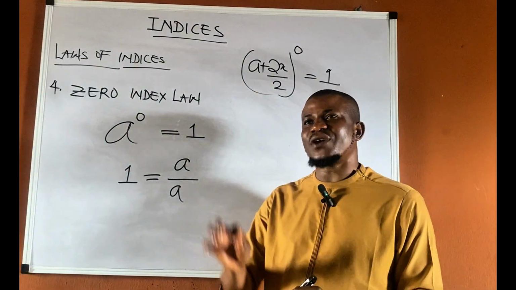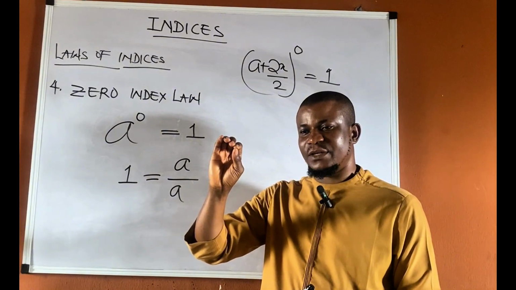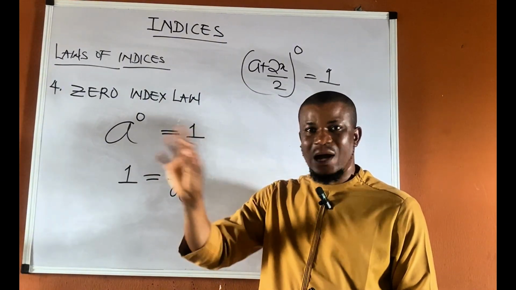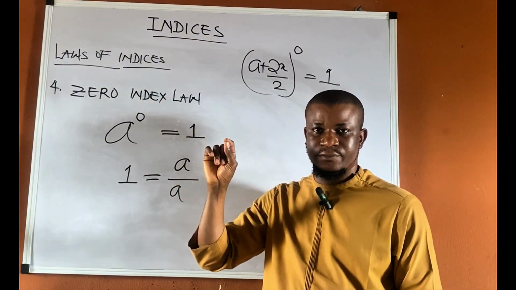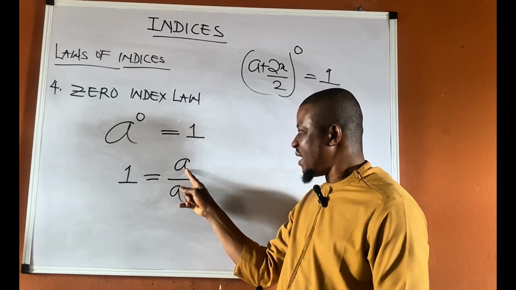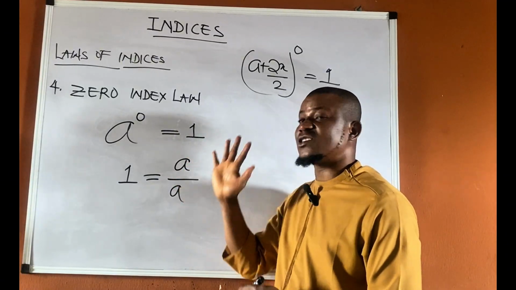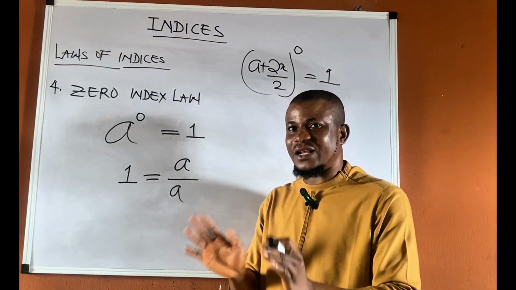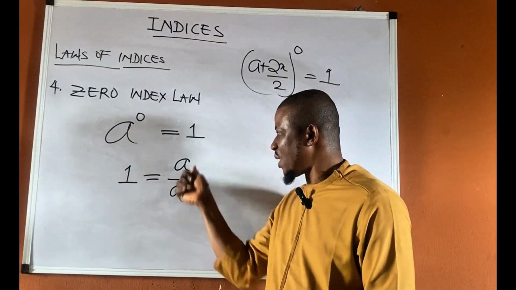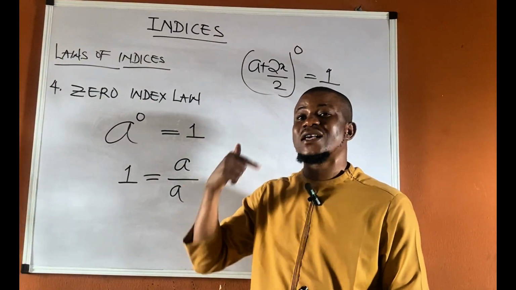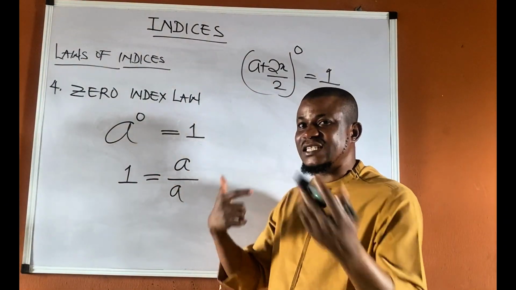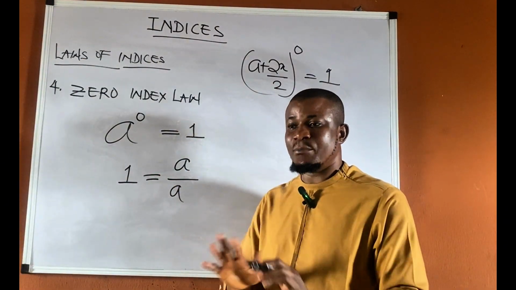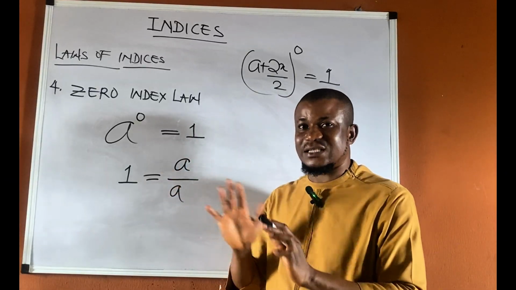If you write a number, let's say a, the power automatically is 1. Any number on its own, the natural power there is 1, unless otherwise indicated that the power is negative 1 or any other power. But if there is no power written, the power is certainly 1.